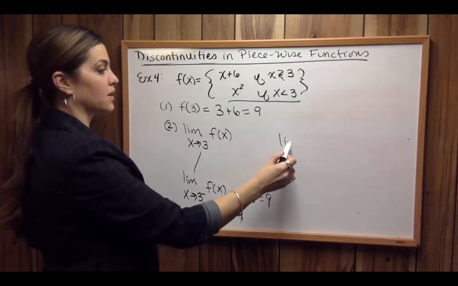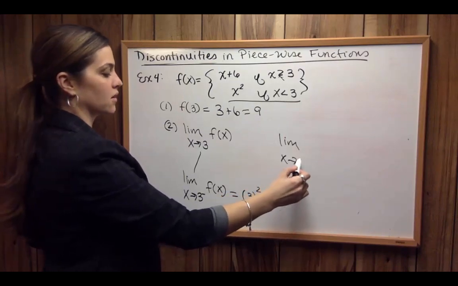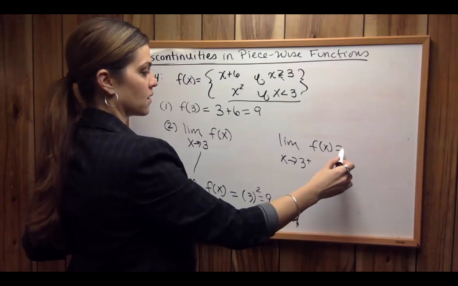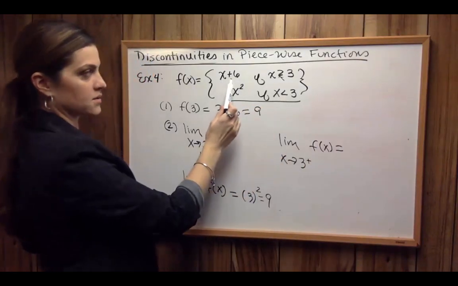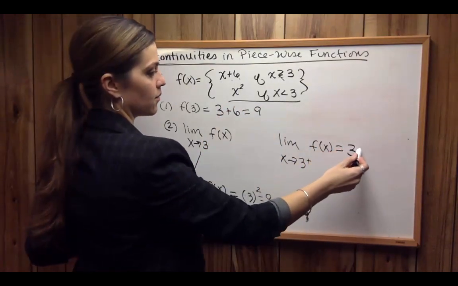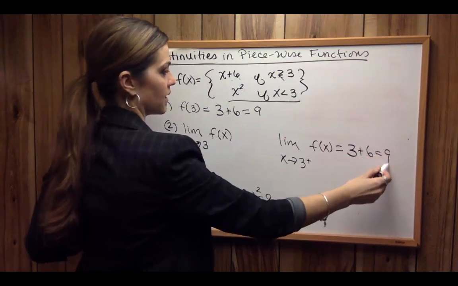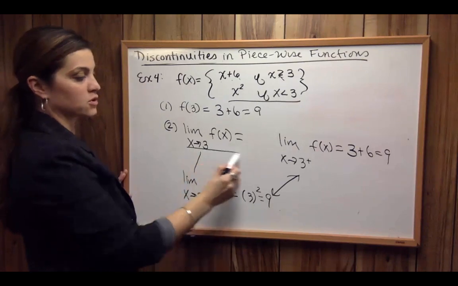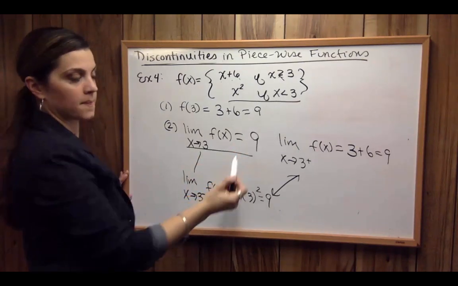Then look at the limit as x approaches 3 from the right. You get x plus 6, so 3 plus 6, which is 9. The limit on the left equals the limit on the right. Therefore, the limit as x approaches 3 is 9.